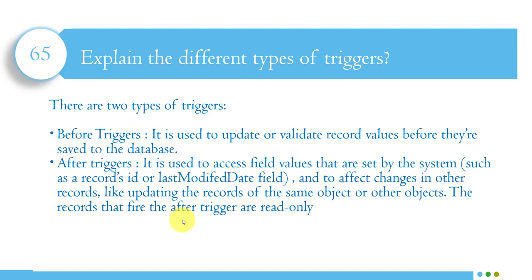Now, if after the update or insertion of a record in account I want to update contact as well, I will write a trigger on account, do whatever logic I have to perform there, insert that record in the account object, and then I want to perform something on the contact object also. At that time I use after triggers to perform that logic on the contact object.